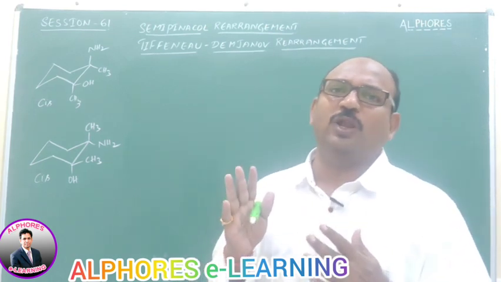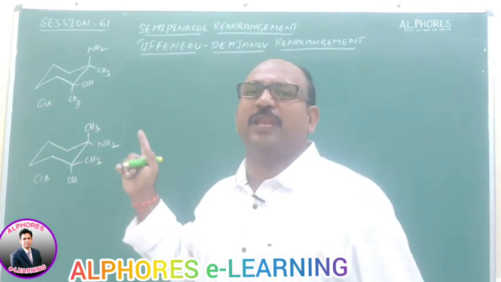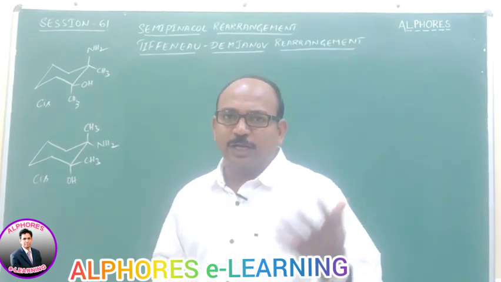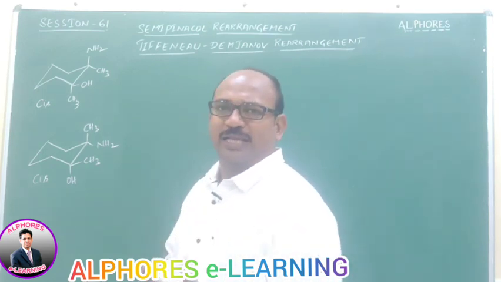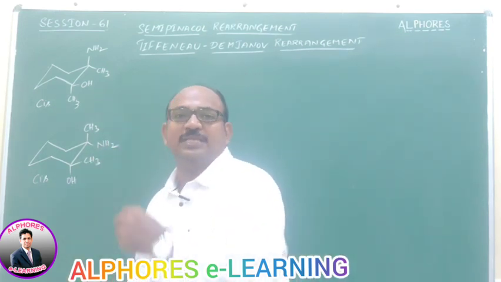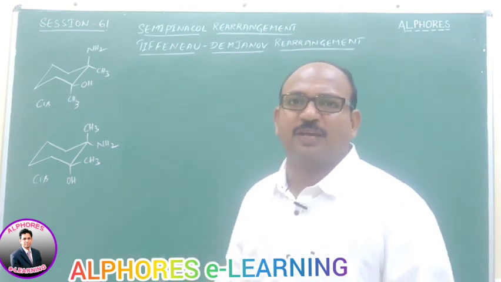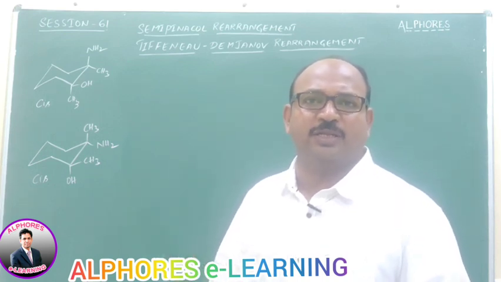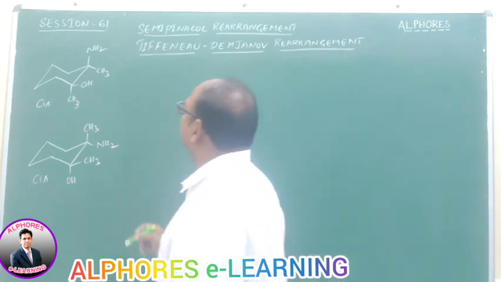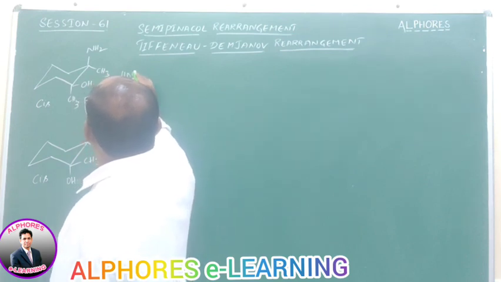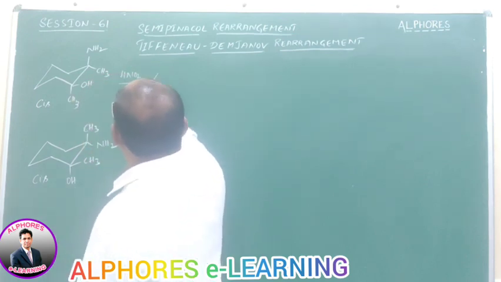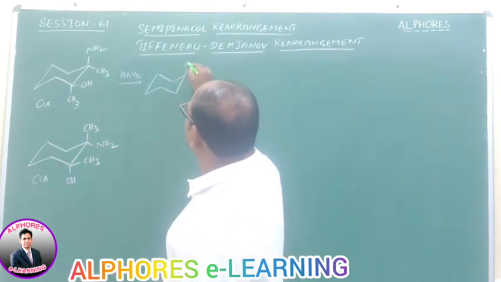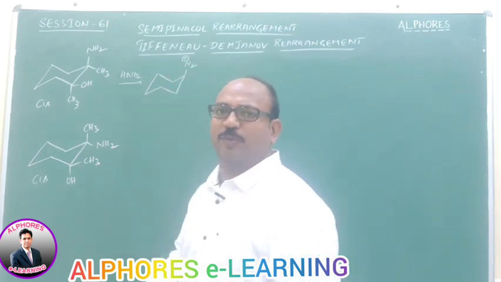Just now we discussed two trans isomers, of which one gives semi-pinacol rearrangement and one forms simply an epoxide. This is because, with respect to the leaving group, the group which is anti-periplanar, if that group is electron rich, promotes the leaving tendency. Now let us see in these two cis conformations whether pinacol-type rearrangement, meaning semi-pinacol rearrangement, proceeds or not. Upon reaction with HNO2, nitrous acid, the NH2 group undergoes diazotization and converts into N2 plus.